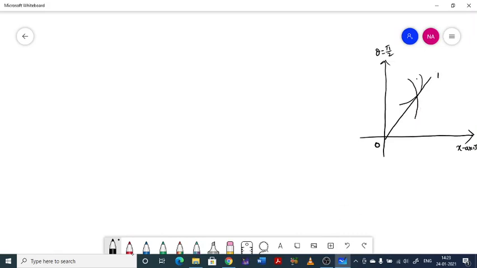okay, and at this point we will mark P, and draw the radius vector and the tangent, let us write like this. That is one curve, another curve is, say, like this, and this is the radius vector, say.